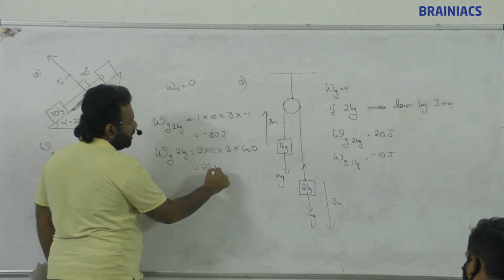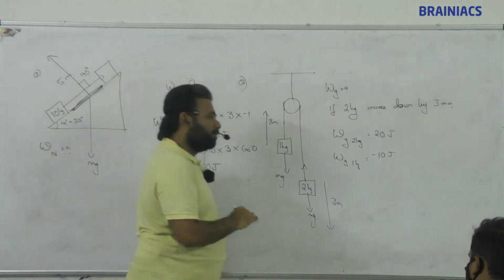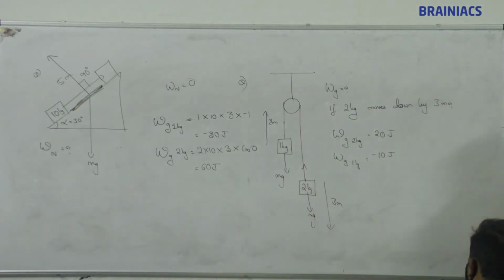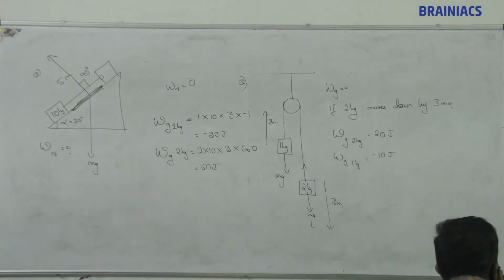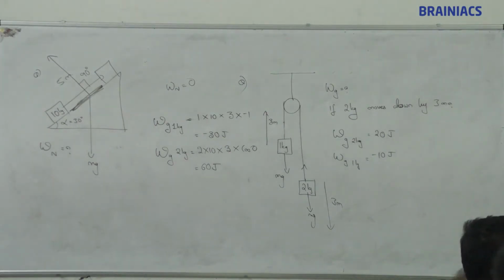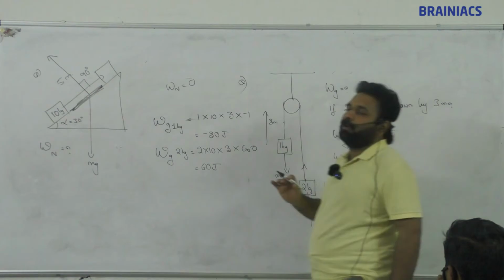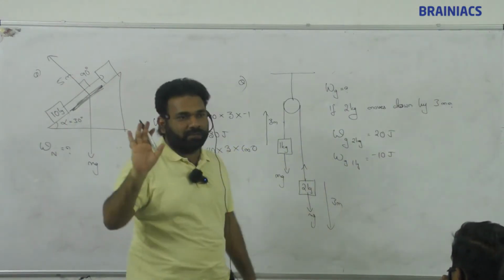So 60 joules. This is the work done by gravity. Correct or what? Fine. Acceleration will be g by 3 for that system. But that is why I will solve for tension also, then you may get it. So this is the work done by gravity alone.